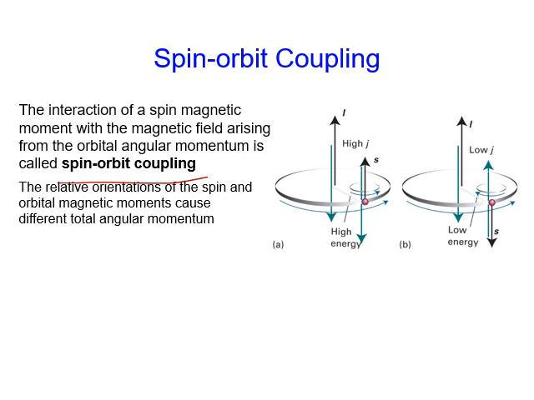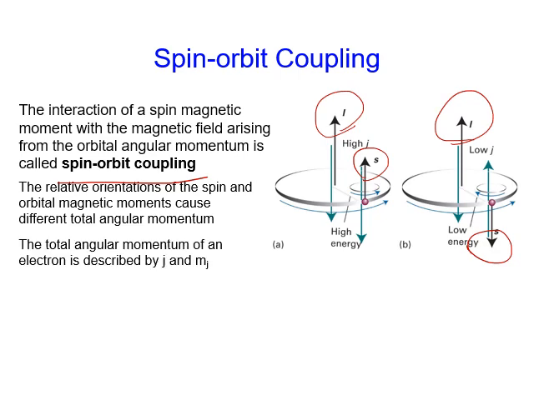The relative orientation of the spin and the orbital magnetic moment causes different total angular momentum. For example, in diagrams A and B, both orbital angular momenta are oriented up, but the spin angular momentum can be up and can be down. So these cause different total angular momentum.